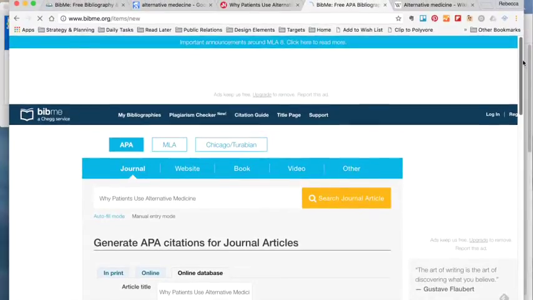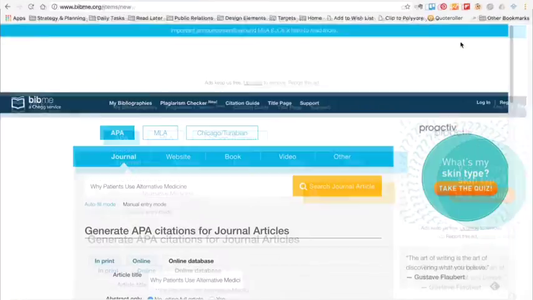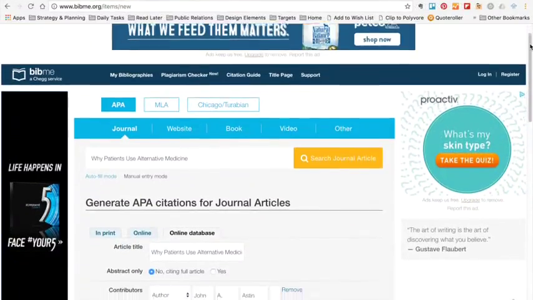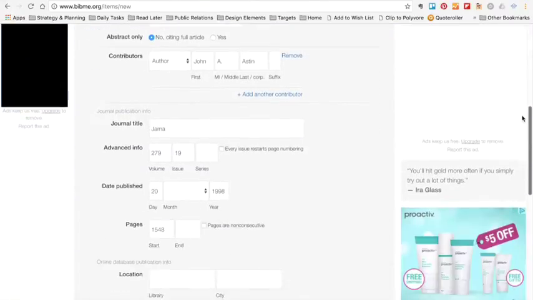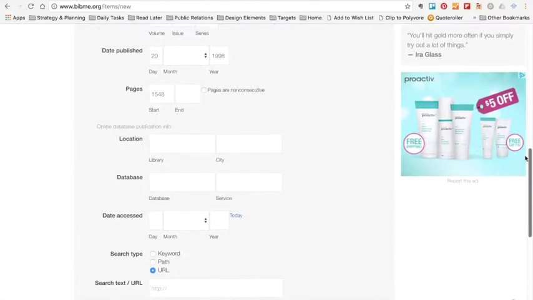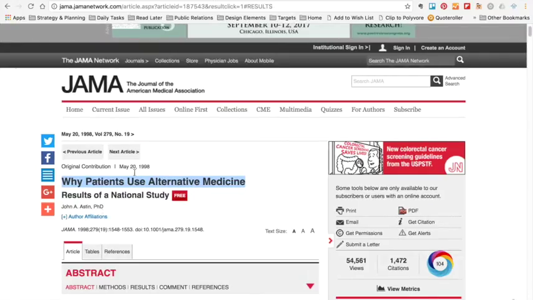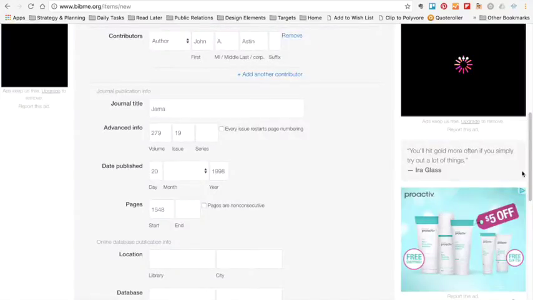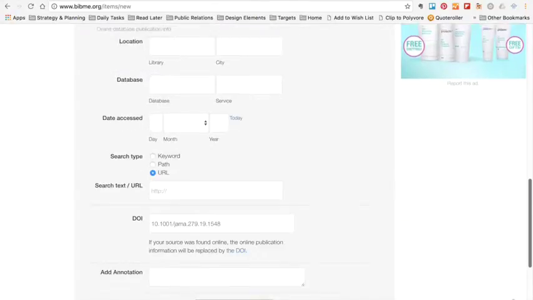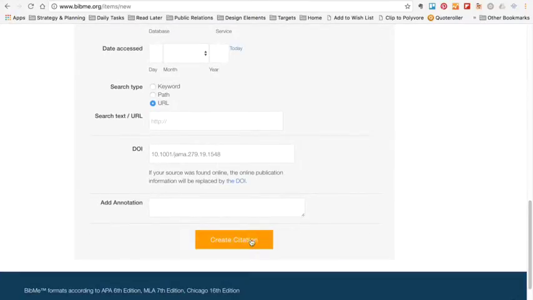It's going to bring up a lot of information, and I can go through and check that this is the actual article that I'm using, and make sure that the dates and the author and everything else matches, which I actually have already done. And so I'm going to create citation.